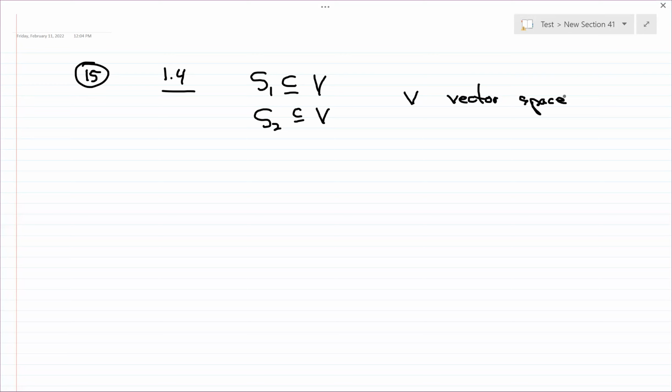And what we want to prove is that the span of the intersection is contained, or no, not contained, equals the span of the first plus the span of the second.